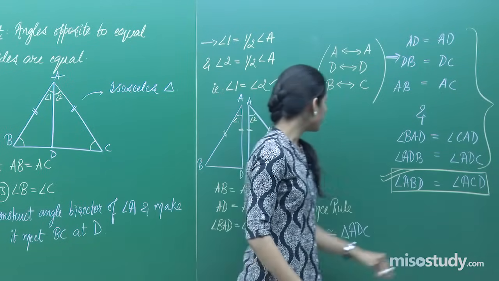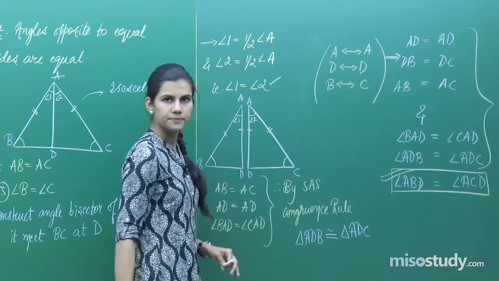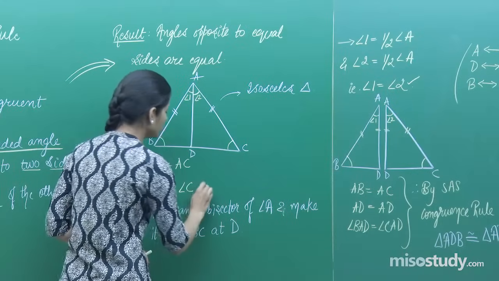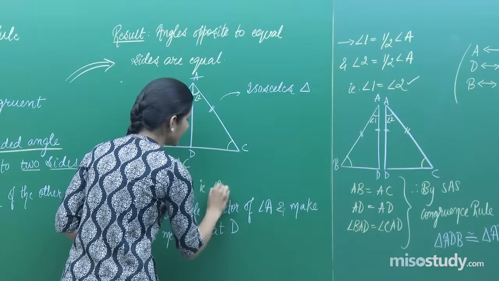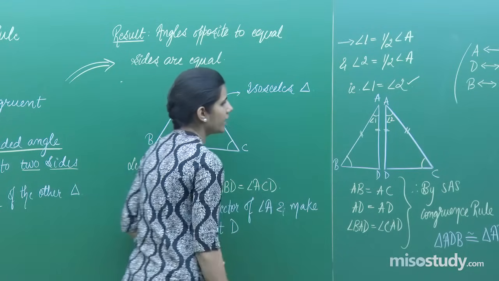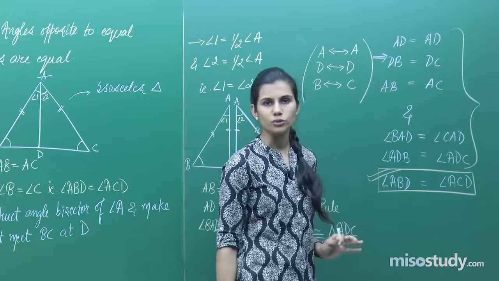Why? Because this is proving that this angle is same as this angle. And that was what I wanted to show. I wanted to show angle B is equal to angle C, that is angle ABD is equal to angle ACD, and that is what I have got as a result of these two triangles being congruent.